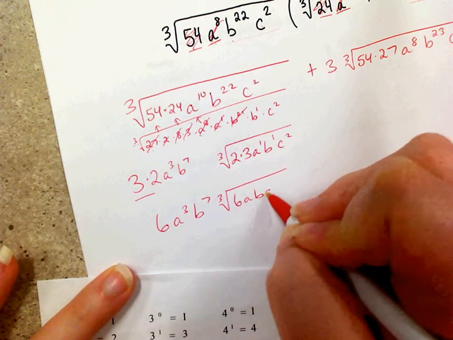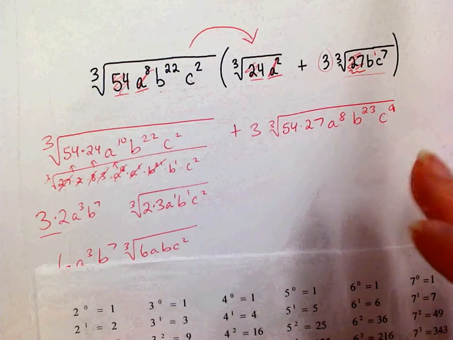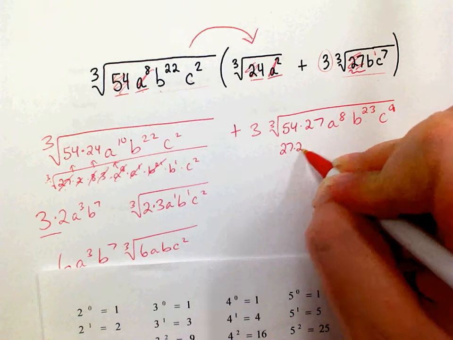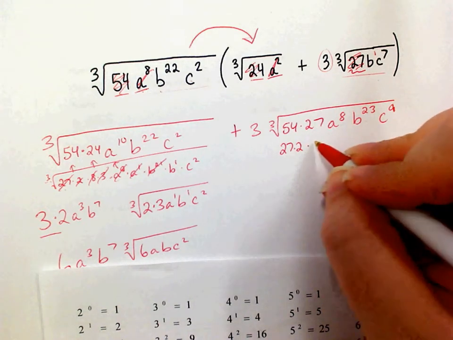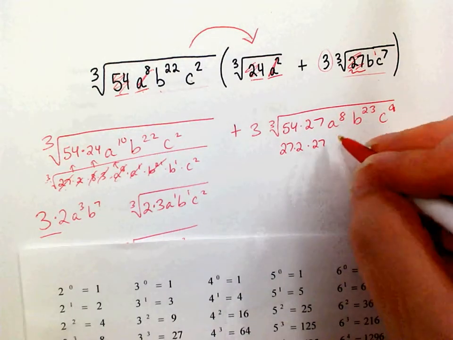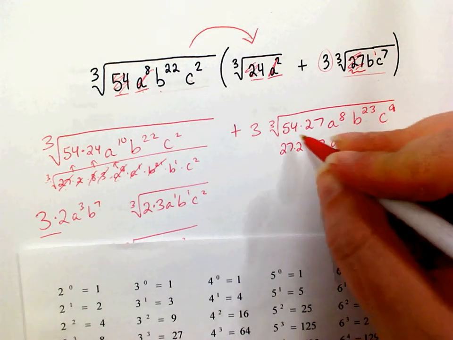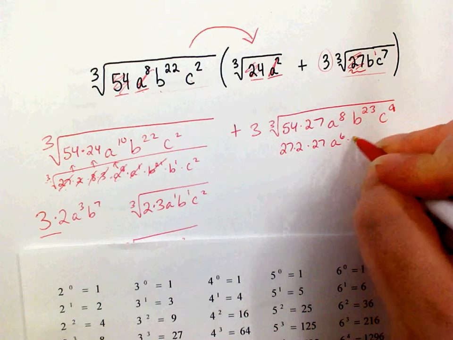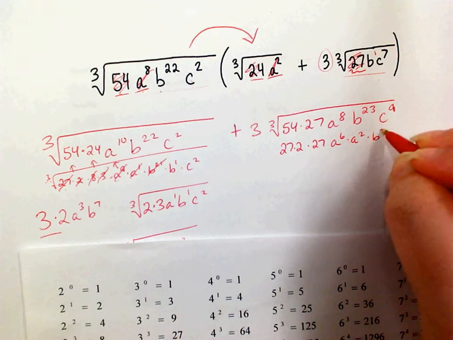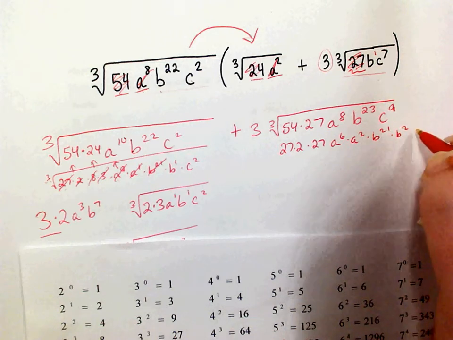So now let's do this one. Again, 54 is 27 times 2. 27 is just 27, because the cubed root of 27 is a whole number. I'm going to go ahead and say a to the largest multiple of 3 is 6 with 2 left over. Largest multiple of 3 is 21 with 2 left over. And c to the 9th is a multiple of 3.